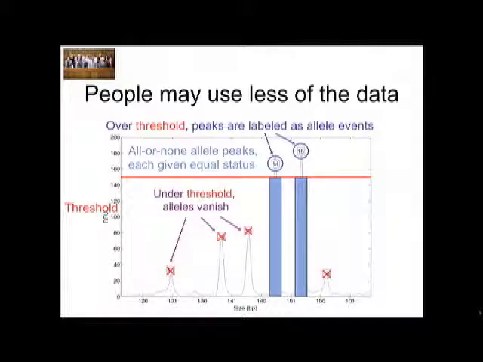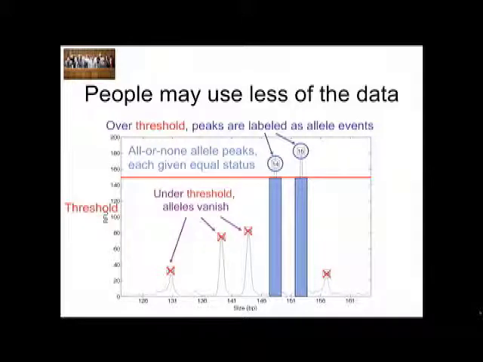We next described how people and human review may make less use of the same data. What most labs currently do is they draw a threshold that's predetermined by laboratory calibrations. Here you see a red line starting on the y-axis at around 150, and that line is drawn across the data.